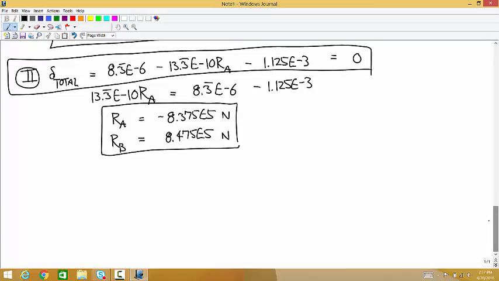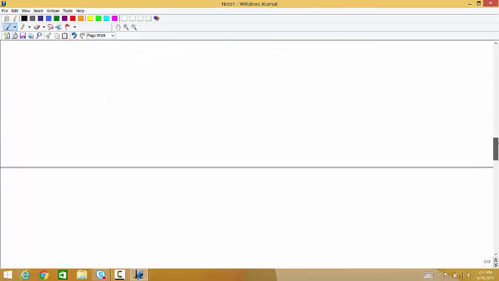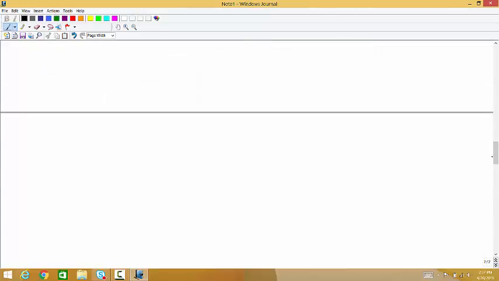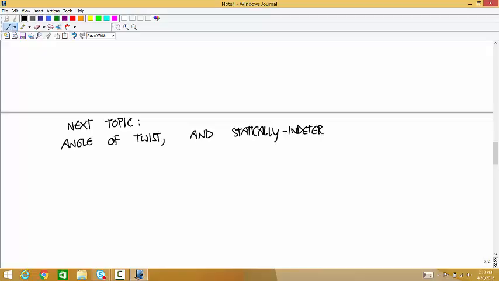All right, so the next thing is very similar to this: angle of twist, statically indeterminate bars in torsion.